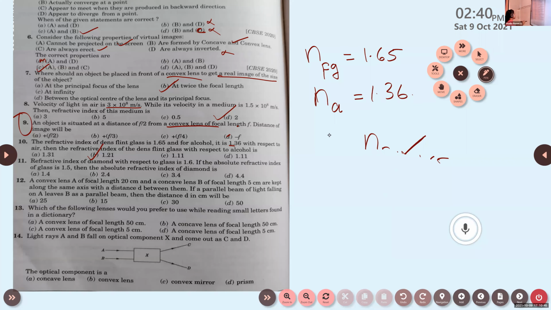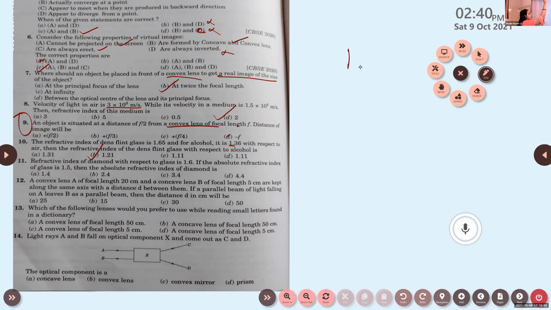It is also a question regarding the refractive index. Refractive index of diamond with respect to glass is 1.6. So here refractive index of diamond with respect to refractive index of glass, so ND by NG is equal to 1.6.